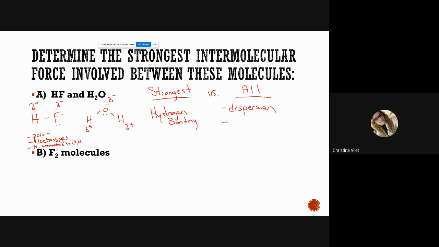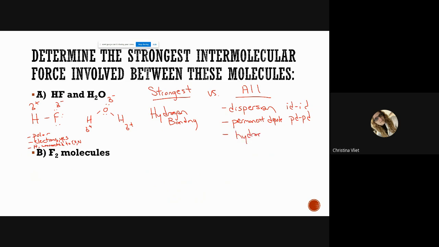Yes. So it's ID for their new fancy terminology in 2022, and PD. But I remember it as dispersion and permanent dipole because that's what I was taught. Still allowed. And then also hydrogen bonding.